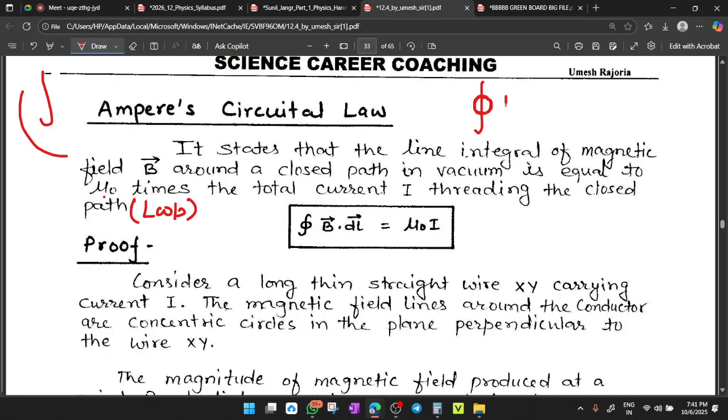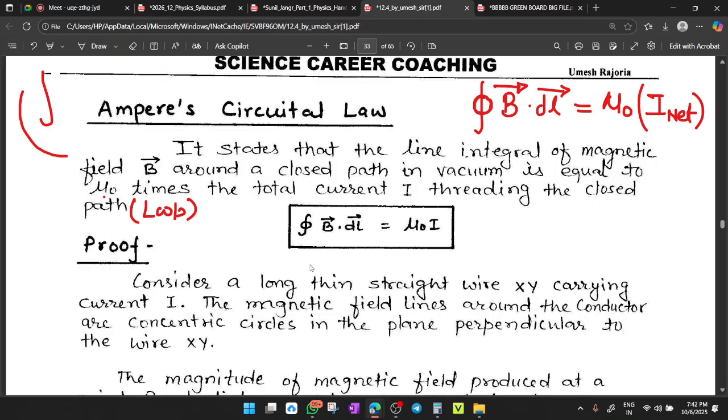The integration of magnetic field B over the length dl equals mu naught multiplied by all the current threading through that loop, you can say I net.